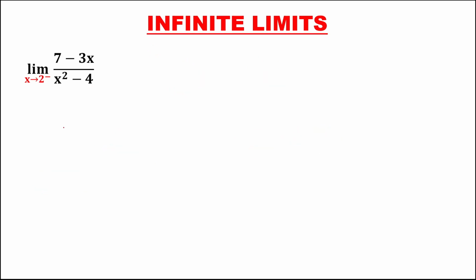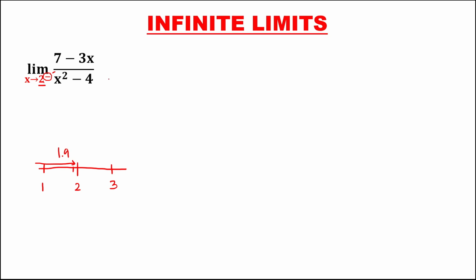Then for this limit, as x approaches positive 2 from the left, this one is positive 2. Then from the right, that's positive 3. From the left, that's positive 1. Since x approaches positive 2 from the left, use a number between 1 and 2, so this is 1.9.